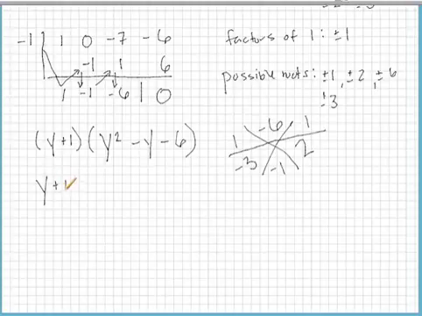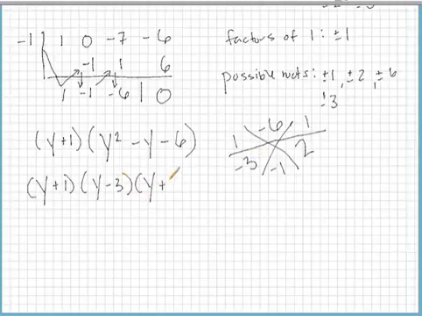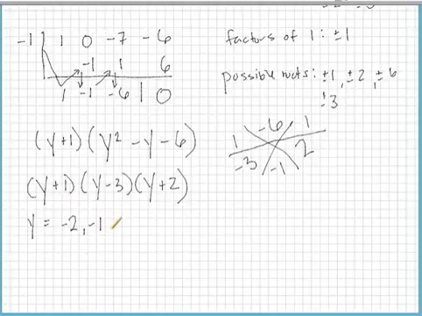So my factors of this equation are y plus 1, y minus 3, and y plus 2. So my possible values for y are negative 2, negative 1, and 3.